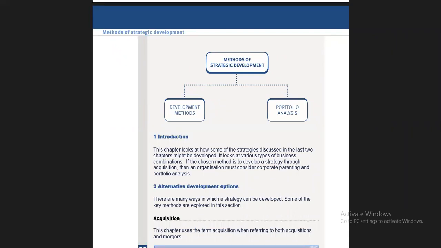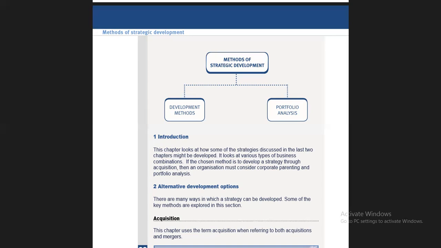Then portfolio analysis is basically we will discuss that BCG matrix, the Boston Consulting grid. Portfolio analysis basically revolves around that BCG matrix, where your product stands: star product, cash cow, dog, problem child, and we will discuss in detail when we get into the chapter in detail.